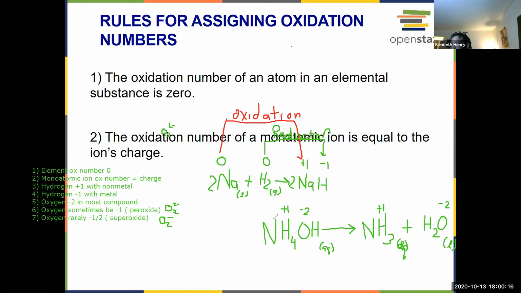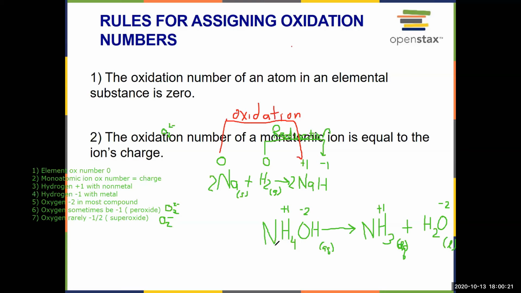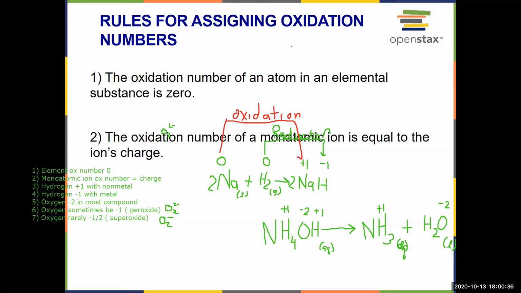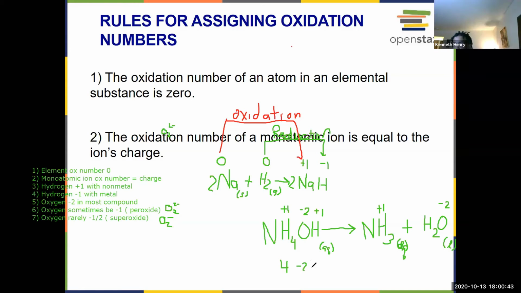Okay, and in the case of nitrogen, let me give you a hint. The charges all have to add up at the end. So if this is also a +1, and we have 4 of these guys, so then what does nitrogen have to be? If this is +4, this is -2, and this is +1, then this has to be, did you say -3? Yeah, minus 3.